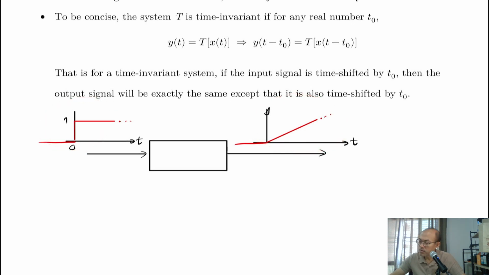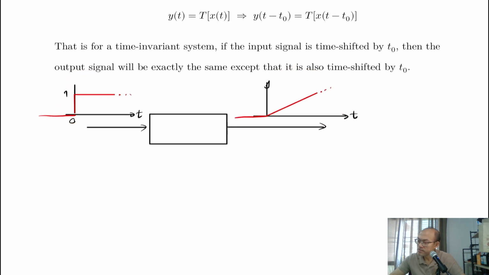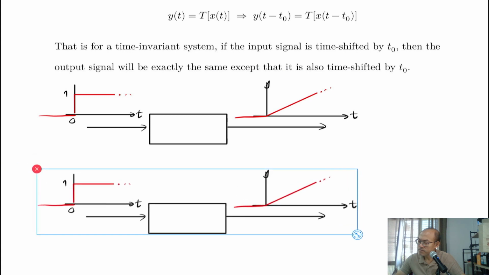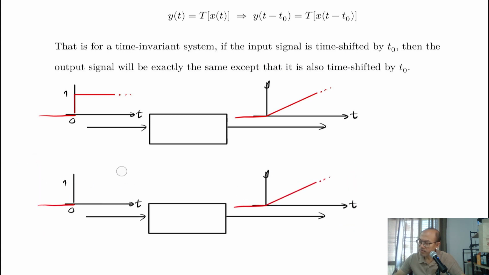Now, sometime later, instead of plugging in the unit step at time 0, you plug in the unit step at some time later. You shift the unit step, so let's say by t0.